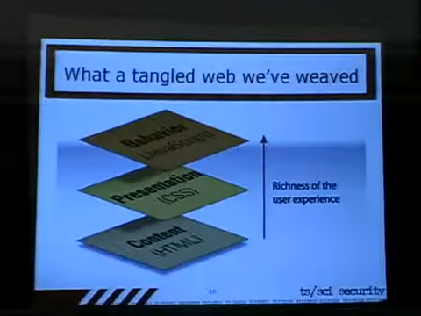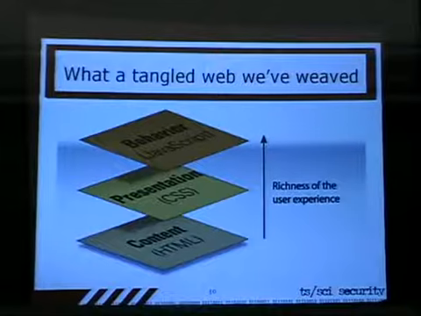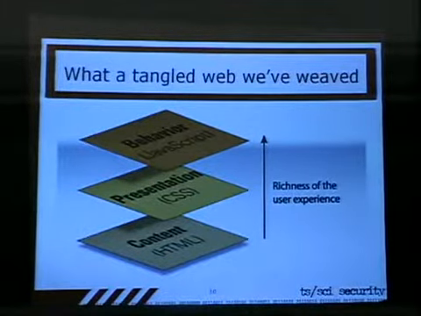So getting more to the testing part of this presentation, we have 3 different layers in our web applications, and we need to understand all 3. First layer that we base everything else on is our content, our HTML.